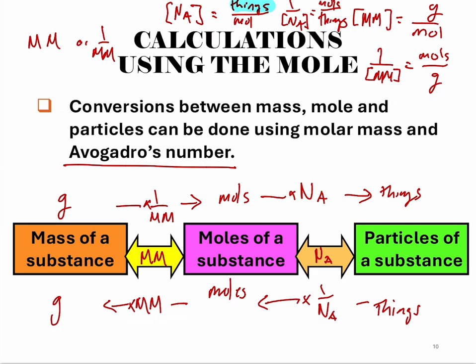Am I good to go on to the next? Anyone still writing? All right, so if we have 1 mole equals the molar mass in grams, right? That's what the molar mass says: 1 mole of this substance equals this many grams.